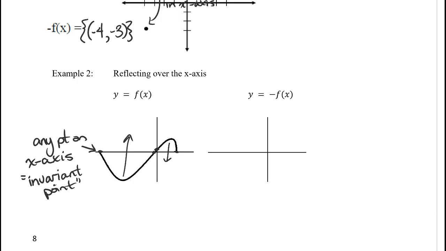Okay, and we can also call this like a critical point if that helps you think about it that way. But it's invariant because it is not changing. It is not varying. So I'm going to put those ones on here first because I know where they should be. That's too far. Here.